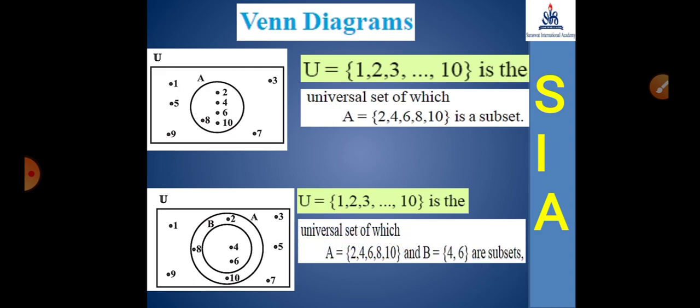So according to our drawing, A is only 2, 4, 6, 8, 10, but B has only 4 and 6. It means, students, 4 and 6 belong to B, and 2, 4, 6, 8, 10 belong to A, but all elements of B are present in A. That's why B is a subset of A and A is a subset of U. Similarly, B is a subset of U.